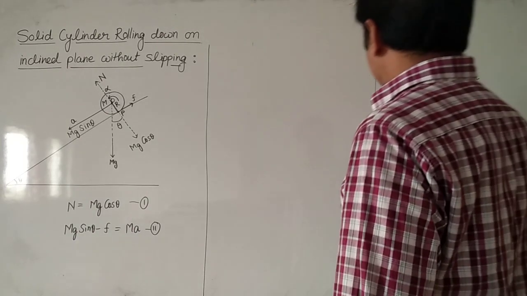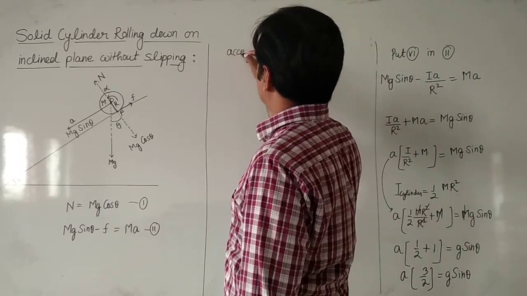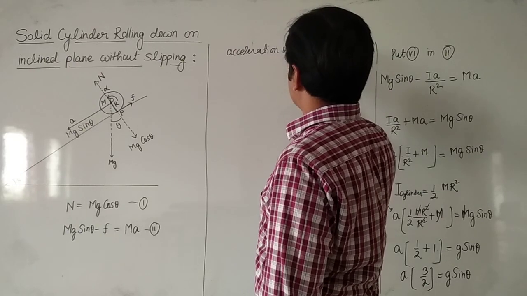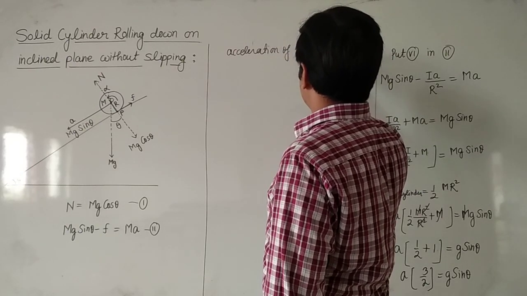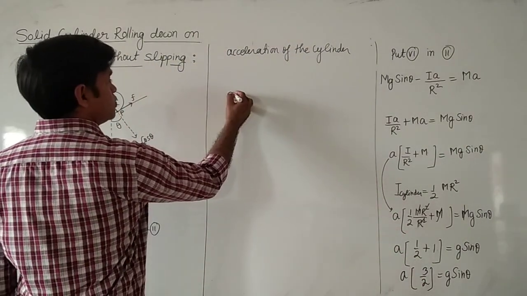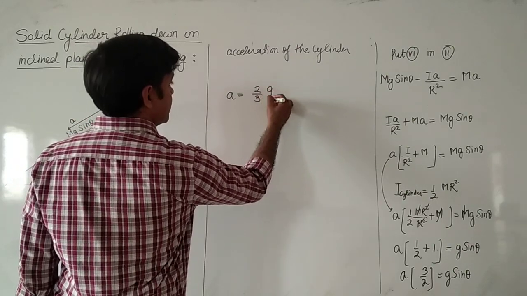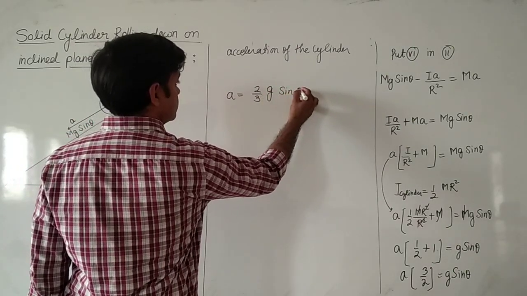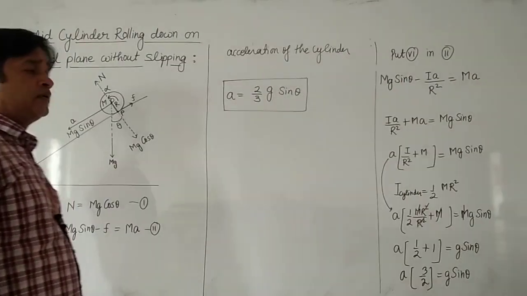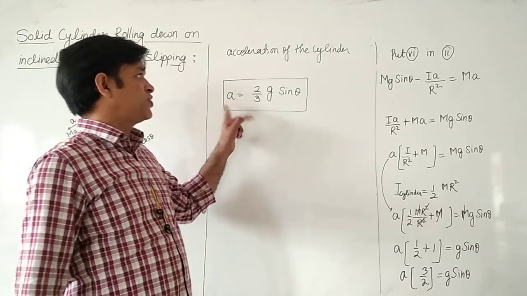So the linear acceleration of the cylinder is a equals 2 by 3 g sin theta. This is the final answer for the solid cylinder, which is the acceleration.